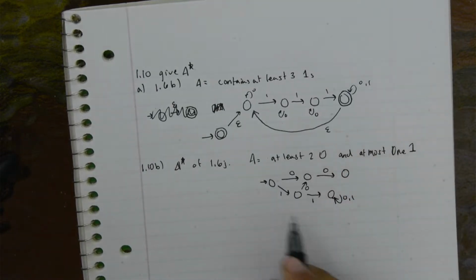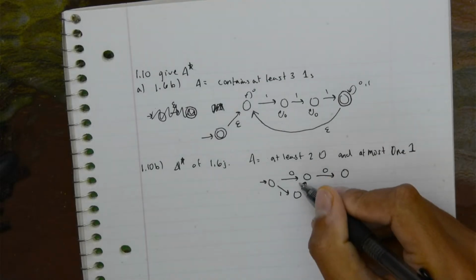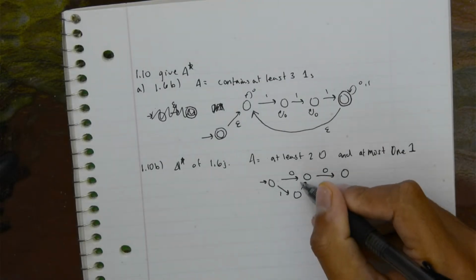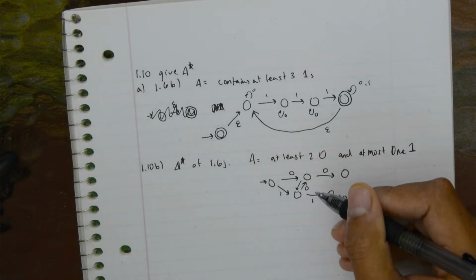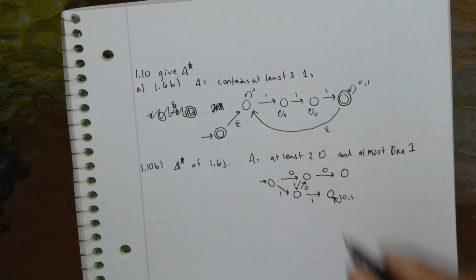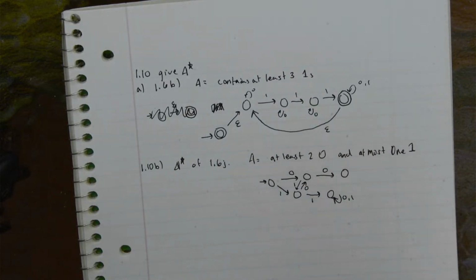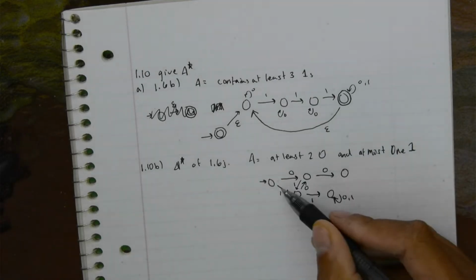So if you get 2 1s, oh, and then similarly, this one. Oh wait, this isn't gonna work. If you get a 1 here, see, this doesn't work because if you, yeah.